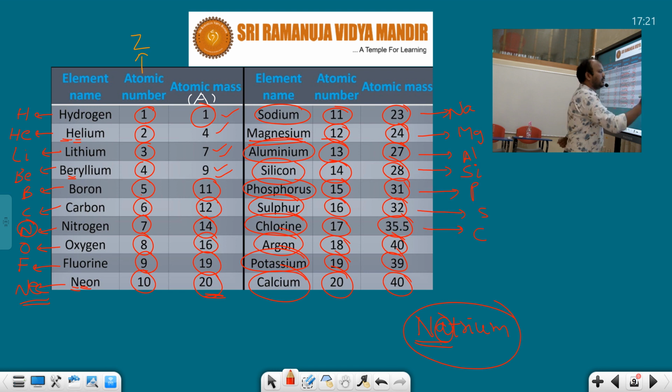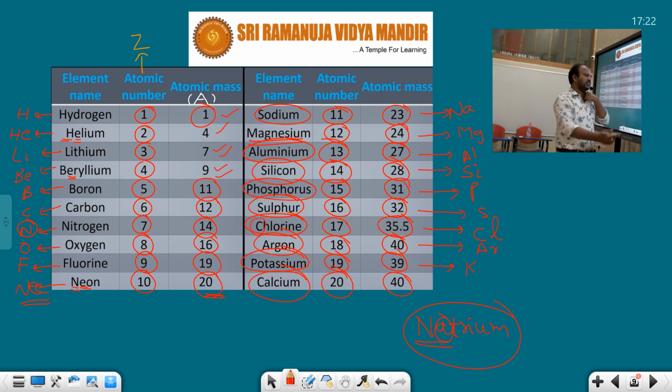Chlorine, first letter is C, but you should take the prominent letter L, Cl. Cl stands for chlorine. Argon symbol is Ar. After that, potassium. Potassium is represented as K, because it is derived from the Latin word kalium.